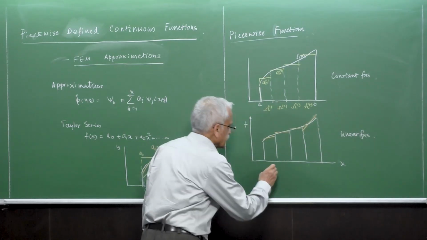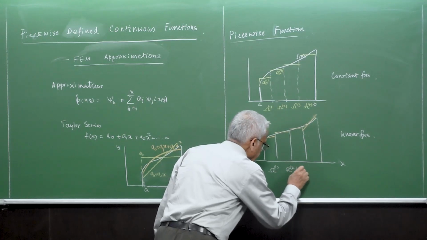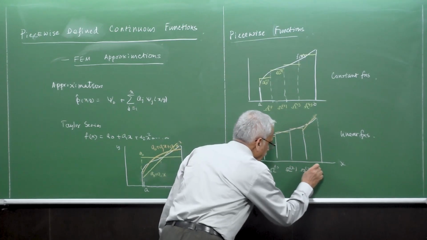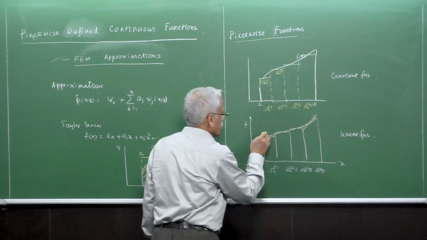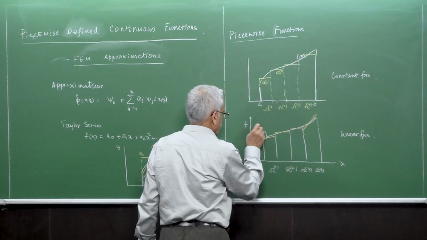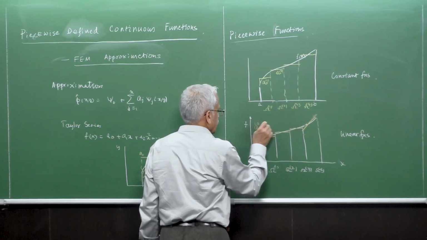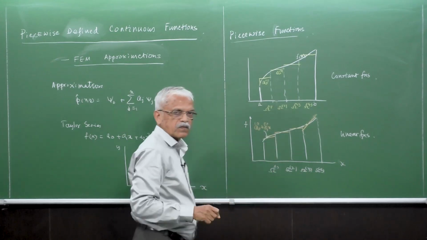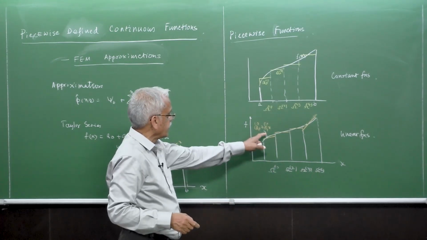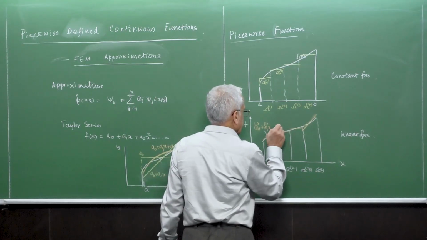So in each subdomain, for example here, this is a0 plus a1x, but then these coefficients a0 and a1 only belong to this domain omega 1, and like this.